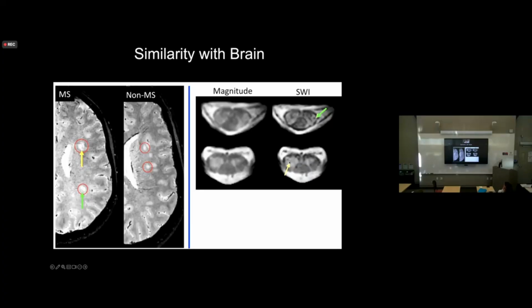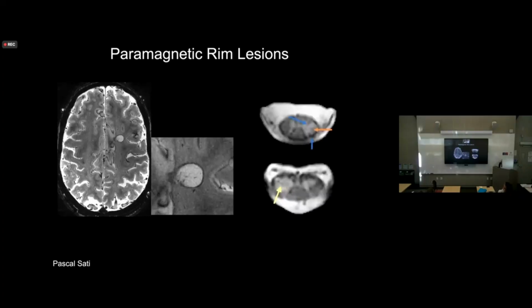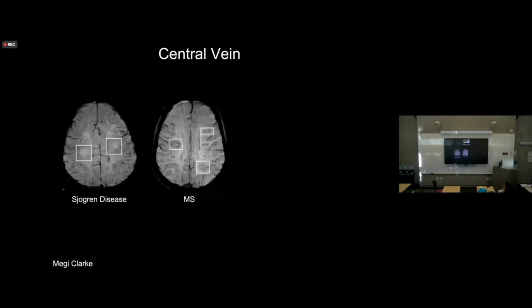And in fact, what we see, highlight this a little bit more, the central vein going through the lesion, here the central vein going across the lesion, but also the presence of paramagnetic rim lesions that we identify in the brain is marking a lot of maybe progression or smoldering inflammation. In the spinal cord, we're starting to see very similar features where perhaps these lesions have rims. There's a lot more to be done, a lot more to challenge this and ask questions about it.